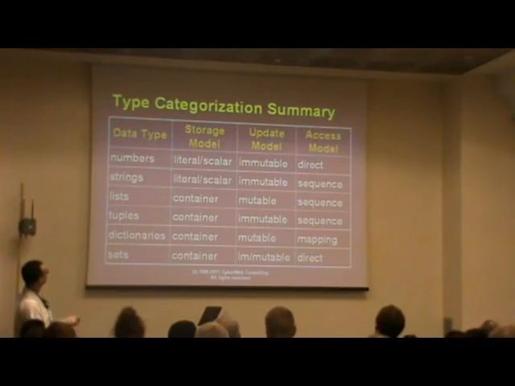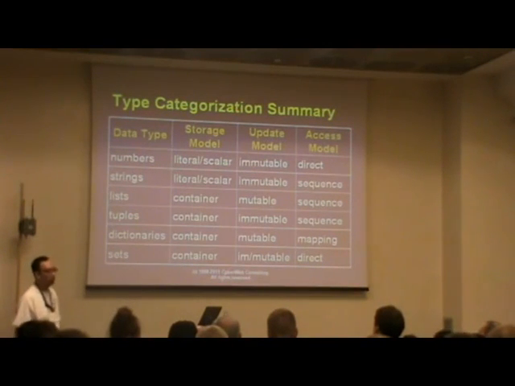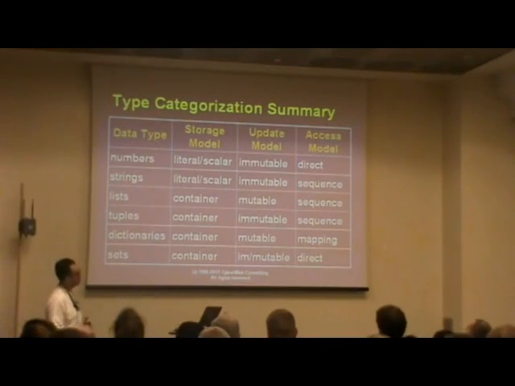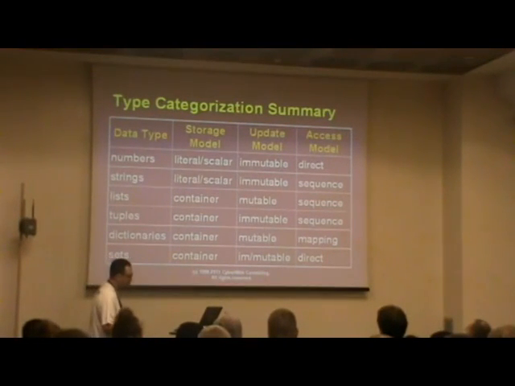Another one is dictionaries and lists. They're similar too because they're both containers, they're both mutable, but one's a mapping type, the other's a sequence type. So this chart helps you understand how they are alike and how they're different in different ways. Understanding this chart will give you a better understanding of the Python types.